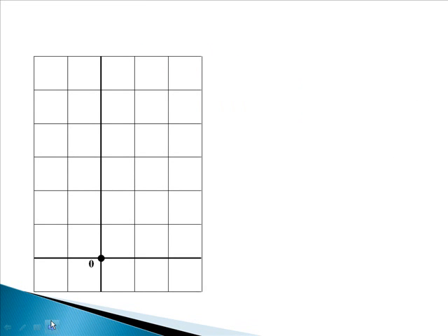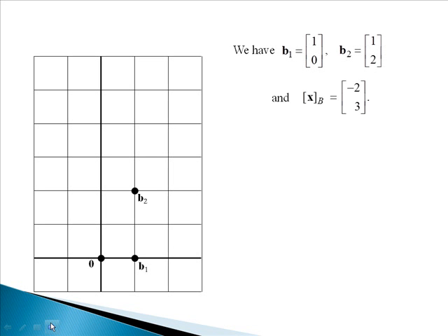Here we're going to look at the regular graph paper with the beta coordinate graph paper laid on top of it, so you can better understand how this fits together. So we have b1 and b2 vectors. Here they're graphed: b1 was (1, 0) and b2 was (1, 2). And then our B coordinate vector, the -2, 3. We're going to draw the B coordinate system in red, and we want to plot x.